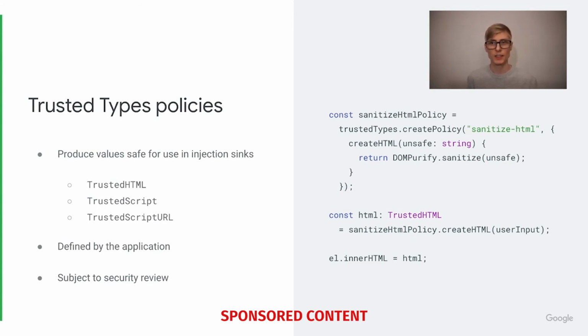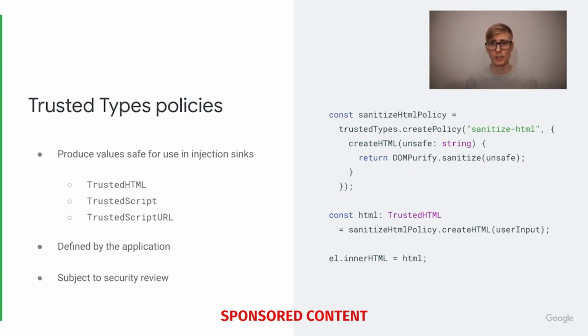On the right is an example of an application that wants to assign potentially untrusted user input to innerHTML in a safe way. It starts by defining a trusted types policy using the trustedTypes.createPolicy API and giving it a name of sanitize-html. The createHTML function defines how unsafe user input should be transformed or validated to ensure that the resulting HTML is trusted.